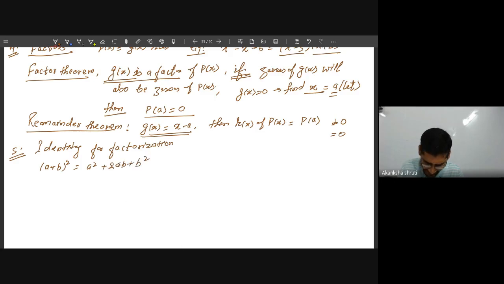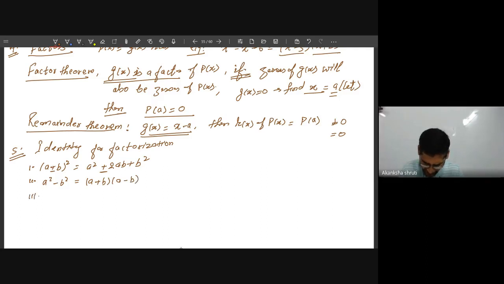In place of plus, if there is minus, then only the middle term turns into minus. The next one was a square minus b square, which can be written as (a plus b) into (a minus b).